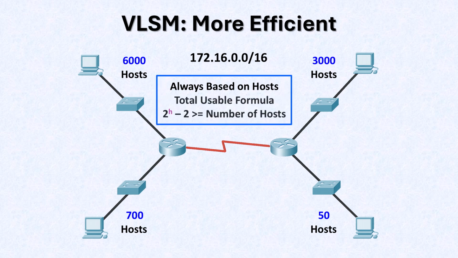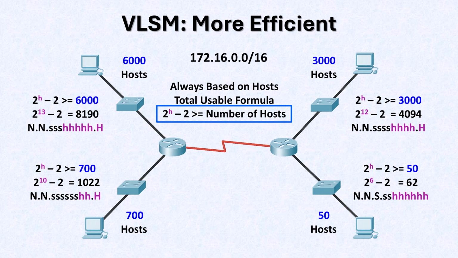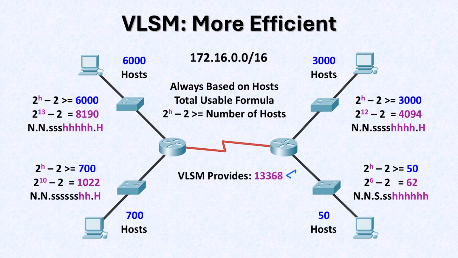VLSM applies the total number of usable addresses formula, 2^h - 2, to each subnet. In this topology, note the number of addresses consumed in each subnet. In total, it consumes just over 13,000 addresses. But we only need 9,750, so the excess is 3,618.